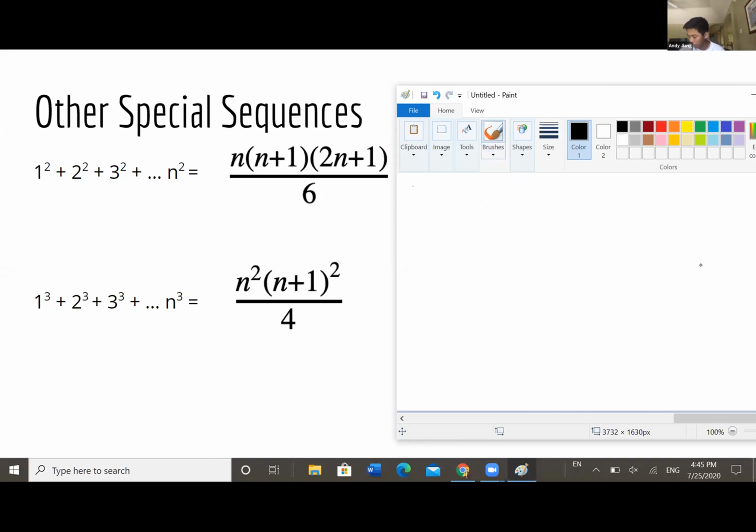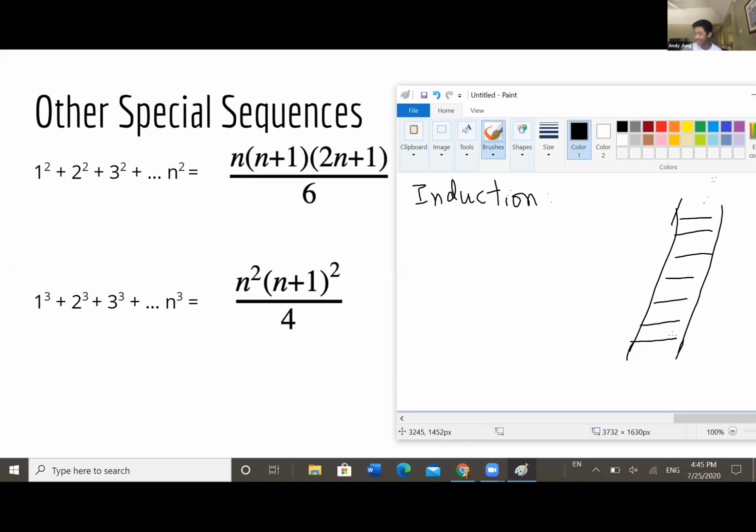Now, here's how you write up an induction proof. In induction, what we're doing is kind of like going up a ladder, and this is an infinite ladder. I don't really have a good setting for this, I'll just say we're in space. So we're just climbing up an infinite ladder.